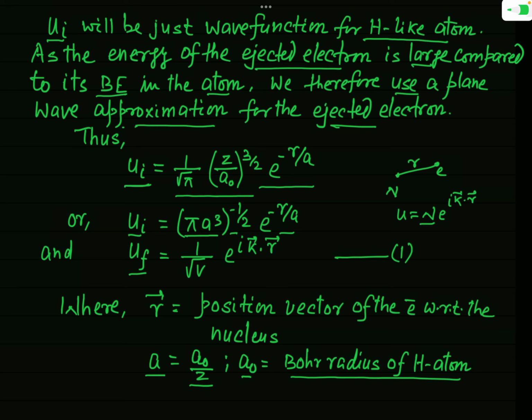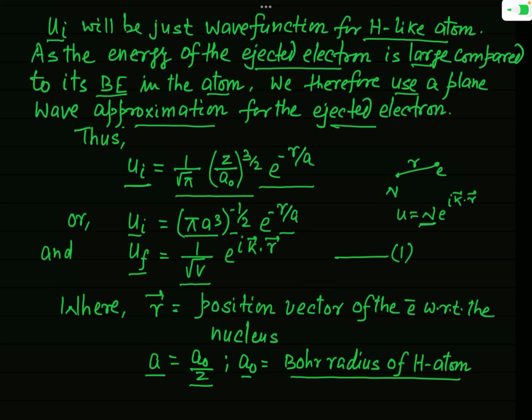And if you consider that your system is in a volume V, which is considered as a big box, then applying the normalization condition, we find the value of n to be 1 over root V. You have seen such a calculation in the previous lecture.